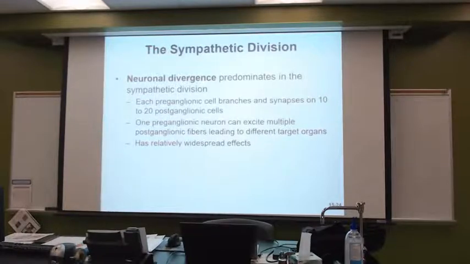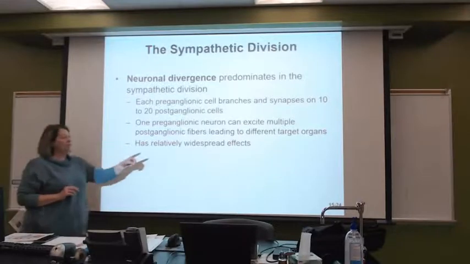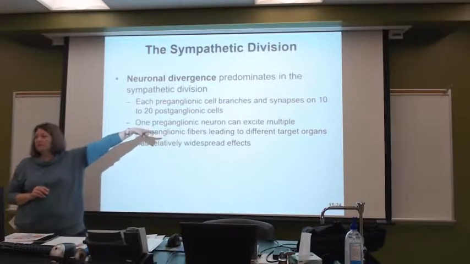All of this does this number. Okay, so that one pre-fiber can do that number and touch a whole lot of post fibers and get them activated, because this is my sympathetic division. So we are targeting multiple areas of the body.